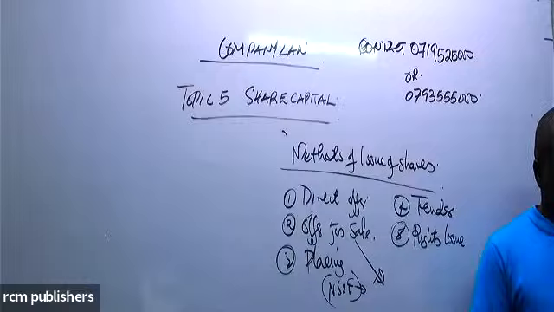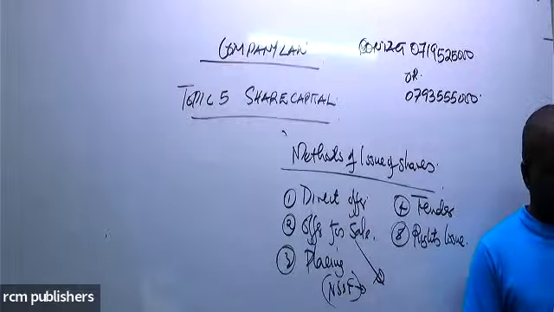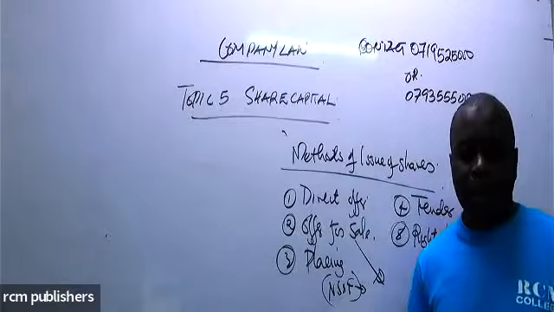This minimizes flotation expenses and also the assistance of issuing houses is dispensed with. Shareholders who do not exercise their rights, in this regard, will have their rights sold on the open market.